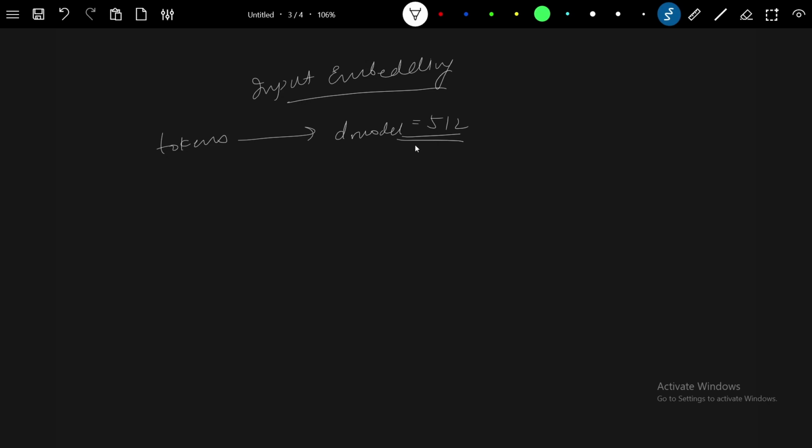To convert the input into tokens, there are many techniques. However, in the original paper, the transformer initially used BPE, byte pair encoding.